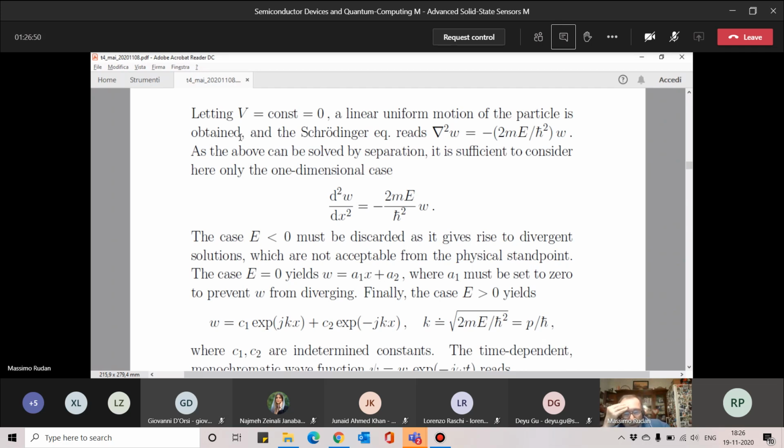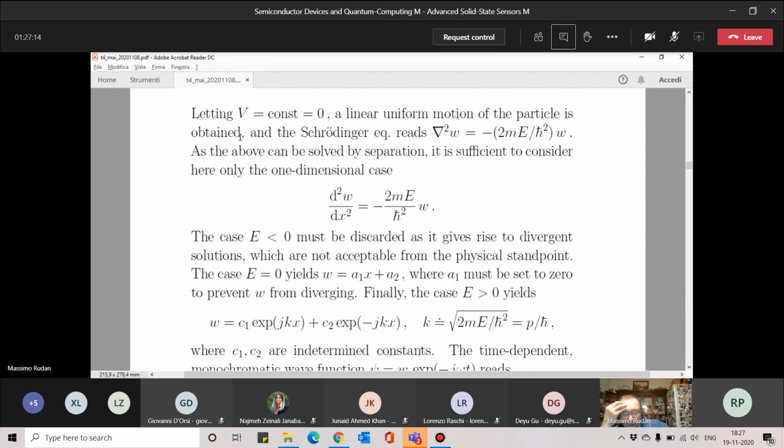But the other solution, e to the minus x, would also diverge for x going to minus infinity, okay? So no solution would be acceptable. So we must discard the possibility that E is negative. So we must consider two possibilities, E equal to 0 or E larger than 0.